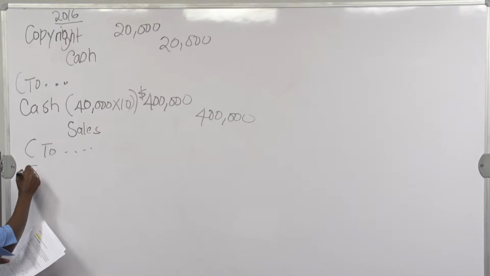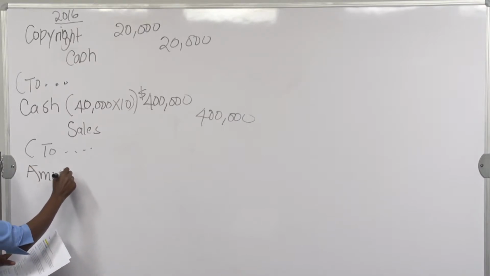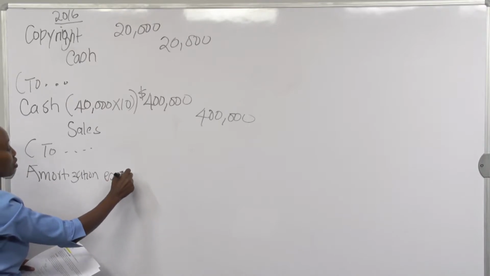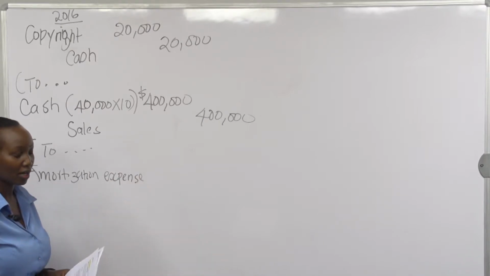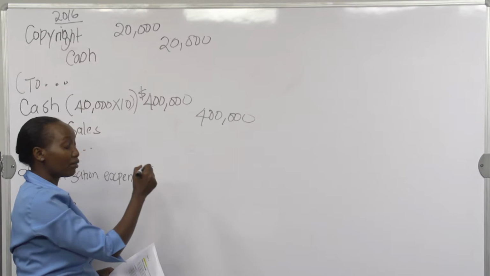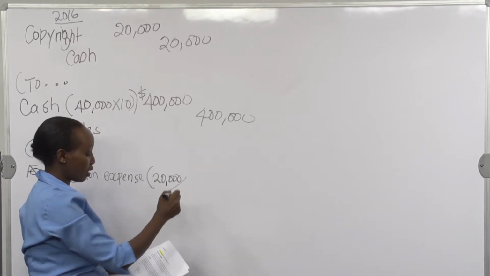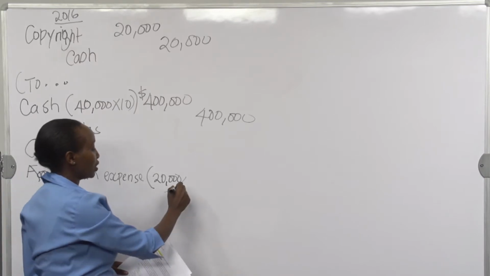So for the amortization expense, similar to depreciation, we're just taking the total value of the copyright, the 20,000, and dividing that by 5 years.